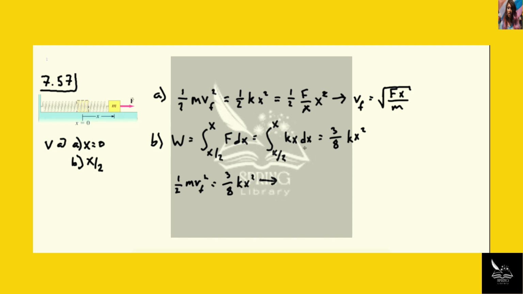Using F over x again for k, we get that the final speed is the square root of 3 F x over 4 m.